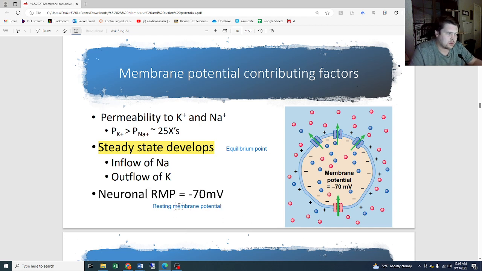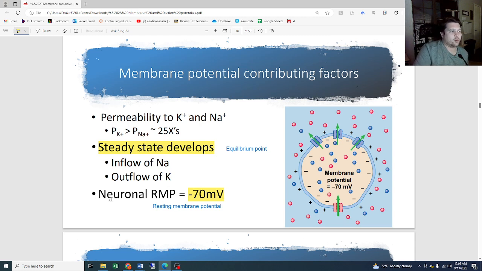Remember, think back, what is that resting membrane potential? It's just that chemical charge that you have inside of the cell when you compare it to the outside of the cell. And it's negative because of all of the negative stuff that we have on the inside of the cell. So for the neurons, it's about negative 70 millivolts. This is something that you'll really want to keep track of, remember, and write down as we learn more of these.